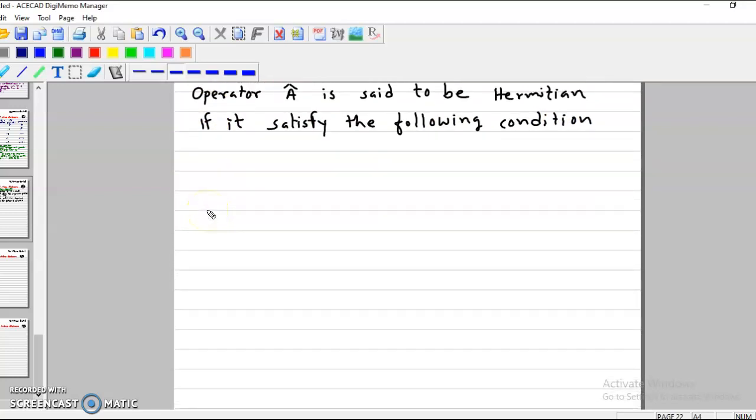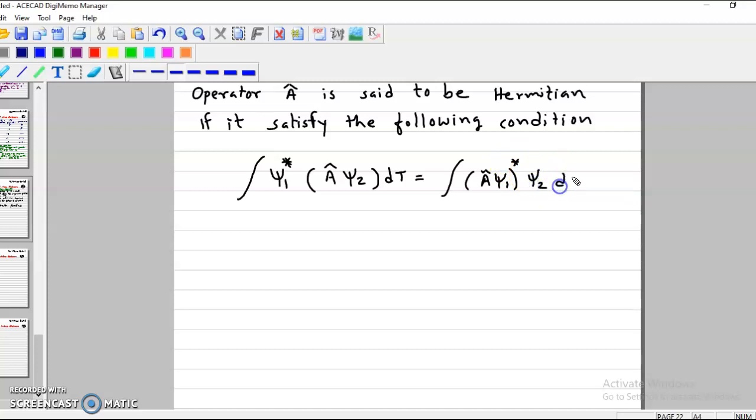Now see what the condition is. The integration of psi 1 conjugate into A operator multiplied by psi 2, this is another function, dt, is equal to the integration of bracket A psi 1 conjugate into psi 2 dt.